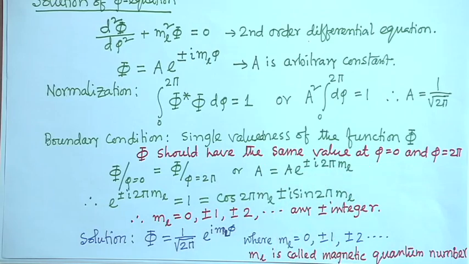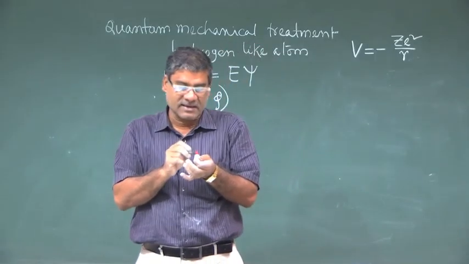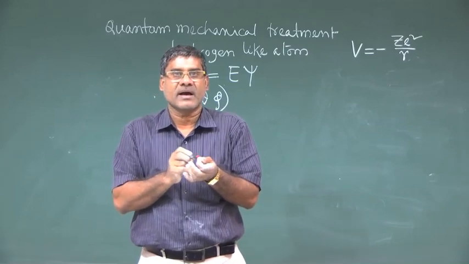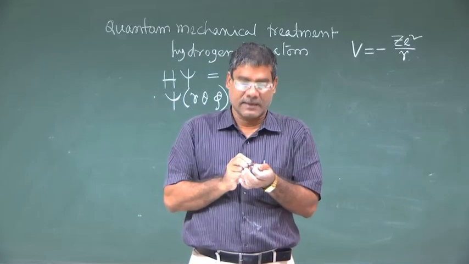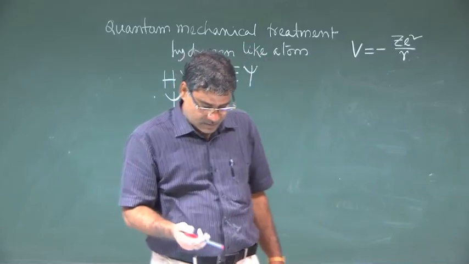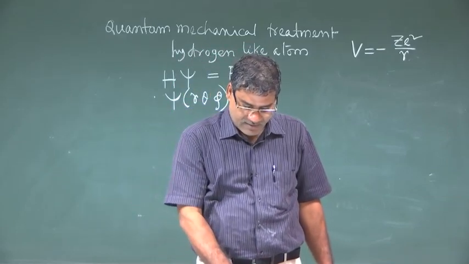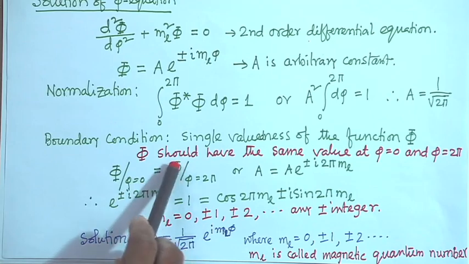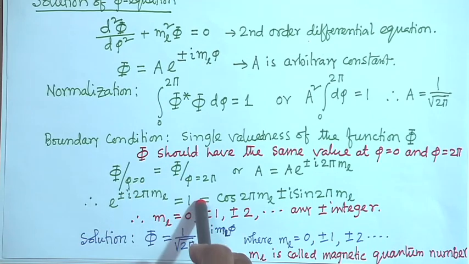Now you see, the phi limit is 0 to 2 pi. So, basically the 0 and 2 pi angles are the same point. So, the phi value has to be the same at phi equal to 0 and phi equal to 2 pi. That is the boundary condition: the value of phi at phi equal to 0 should be equal to the phi at phi equal to 2 pi.